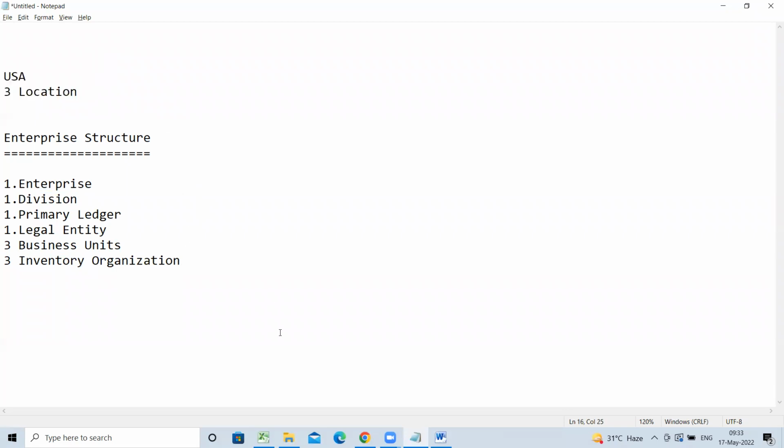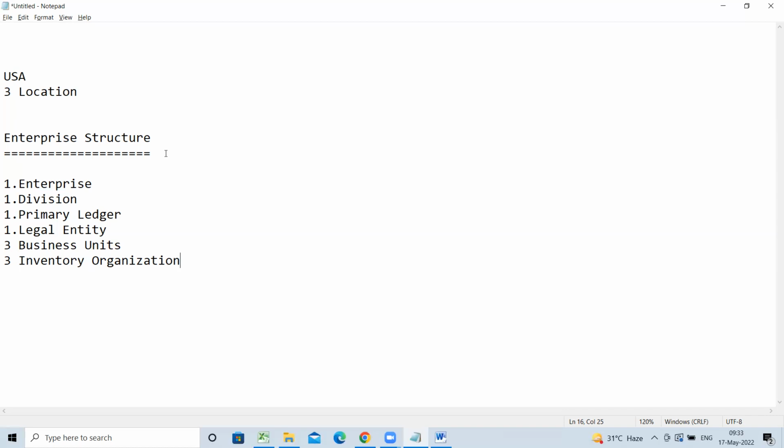Any questions, please? No questions. In tomorrow's session, we'll discuss chart of accounts in more detail by taking some examples. Based on the enterprise structure we discuss, what can be taken into the chart of accounts, and what different naming conventions are used in real-time implementation, in which place, in which scenario.